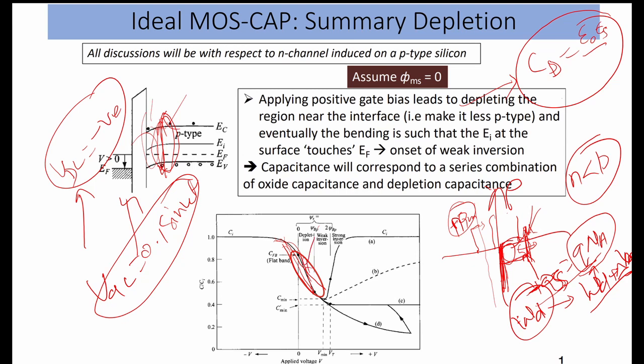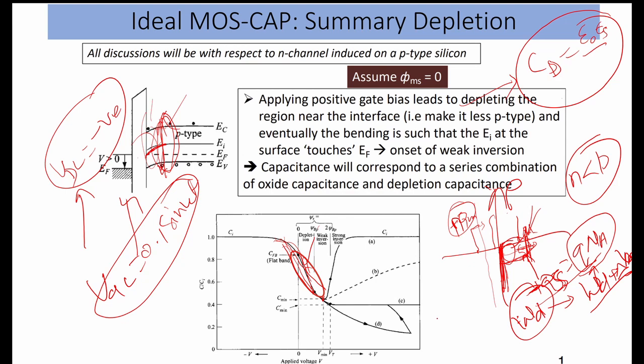After reaching the minima, that is when WD is the maximum. Minima will come when WD is maximum, at inversion, when the inversion starts happening. At inversion, when Ei is equal to Ef, after that there is a creation of the channel, but it is not that effective.